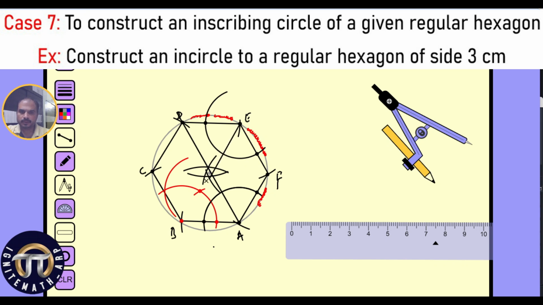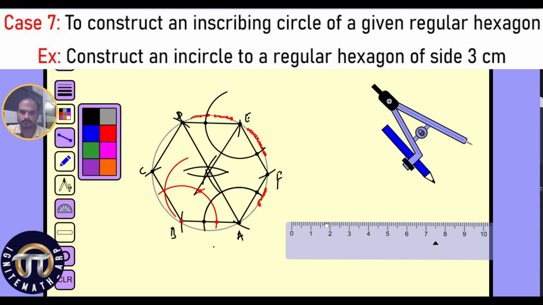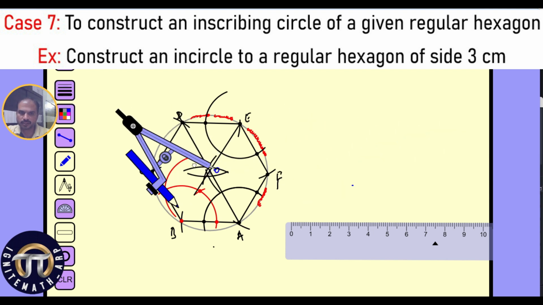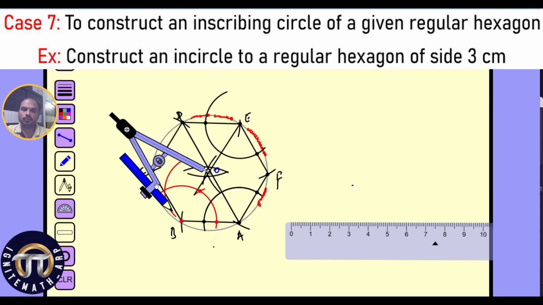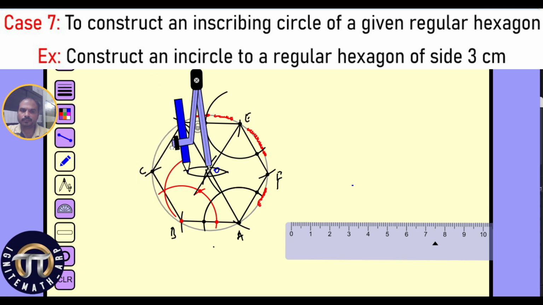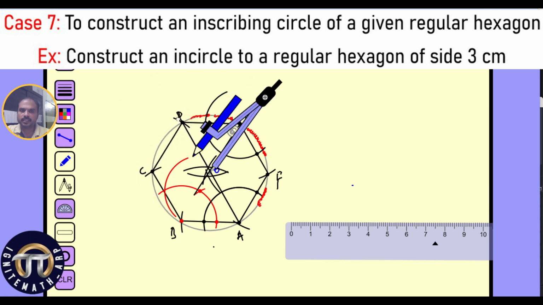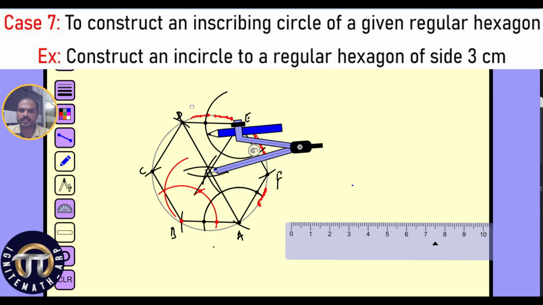See this, children. They both are meeting at this point. What is that point? This point. Now what I have to do is keep the edge of the compass at this point and adjust the length of the compass so that it touches the sides of the hexagon.